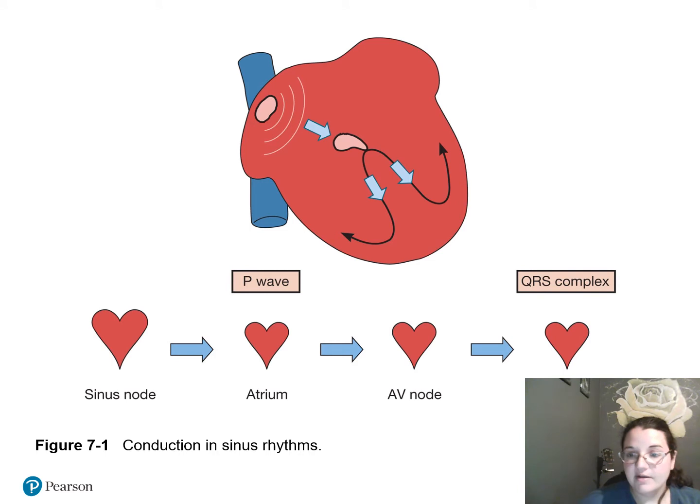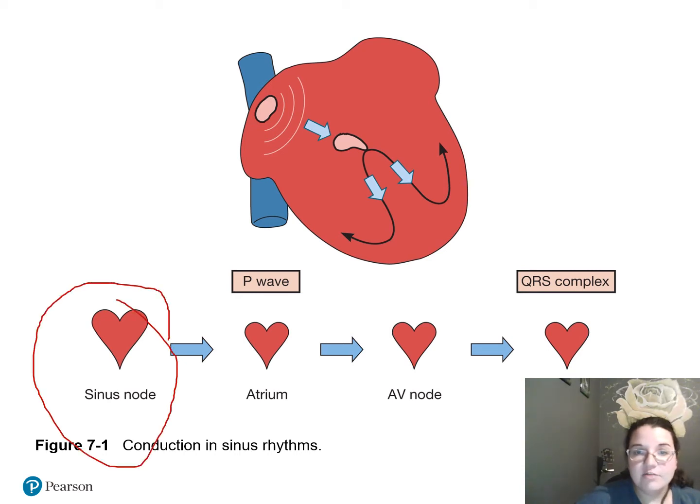All right, so again, we're going all the way back to chapters 1 and 2. You have your sinus node here, which is located in the right atrium, right here. That impulse that we get from the positive and negative charge of my potassium and my sodium, where we're going to release calcium, is going to travel.